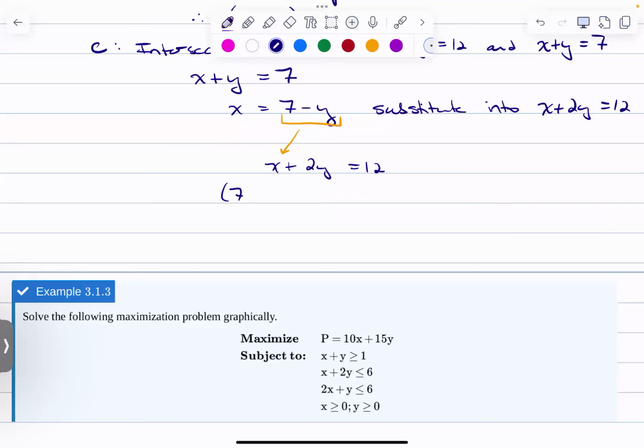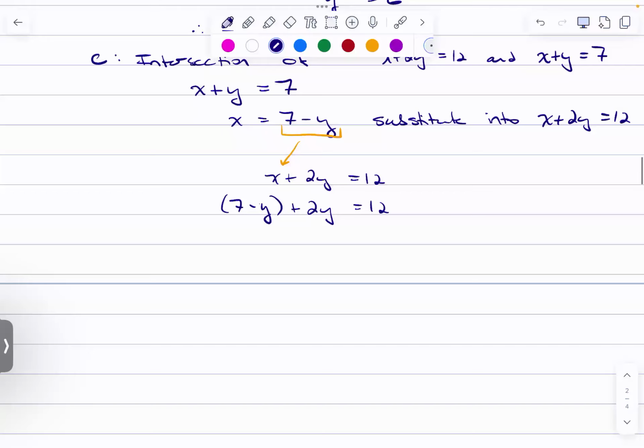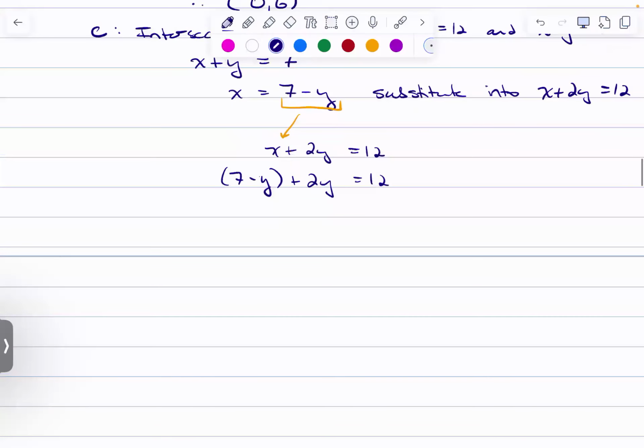So I get 7 minus y. Be sure that you use brackets. It's one thing until you feel comfortable expanding it. So I get 7 minus y plus 2y, which puts me at 7 plus y is equal to 12. What's 12 minus 7? 5.